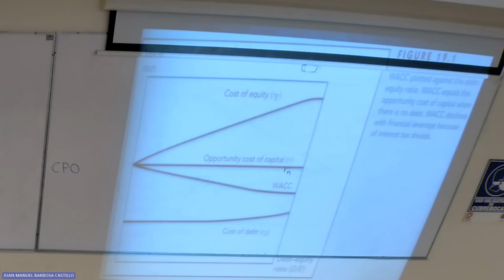We have cost of capital, but I think your book sometimes uses the term WACC after taxes. So whenever we use the term WACC in our class, it means the cost of capital after taxes, right? So what happens when we include taxes in our capital structure?